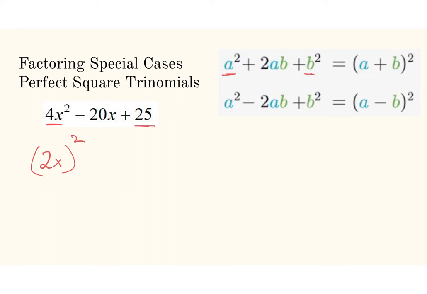And I can write the 25 as 5 squared, which kind of matches my pattern. So my middle term just becomes 2 times my first term, which was 2x, times my middle term, which was 5, which would give me the 20 that's here. So because it fits this pattern, my factored form is just 2x minus 5 squared.